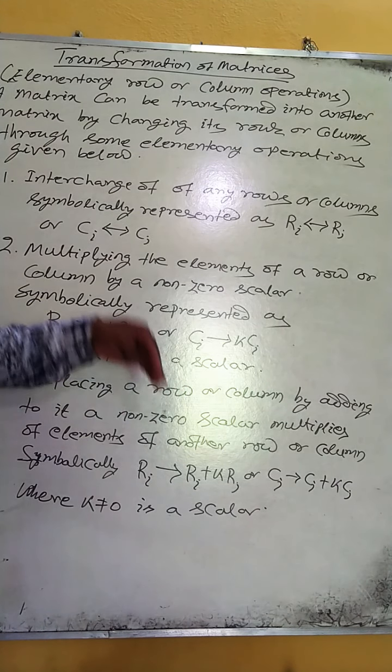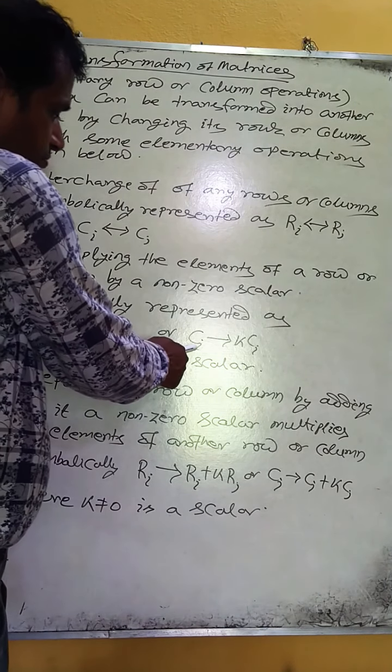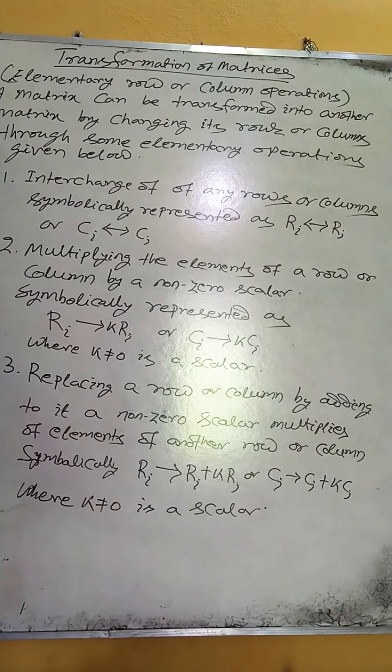Similarly, if we multiply the ith column by the scalar k, then we write Ci becomes kCi. That means we multiply any row or any column of a matrix with a non-zero scalar.